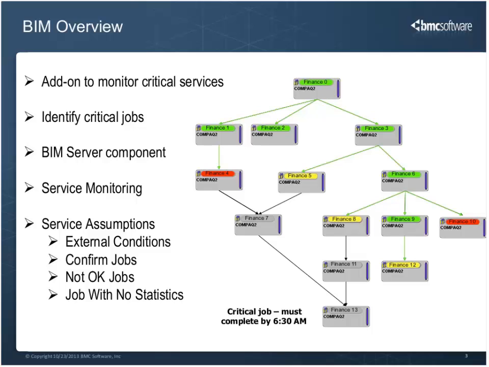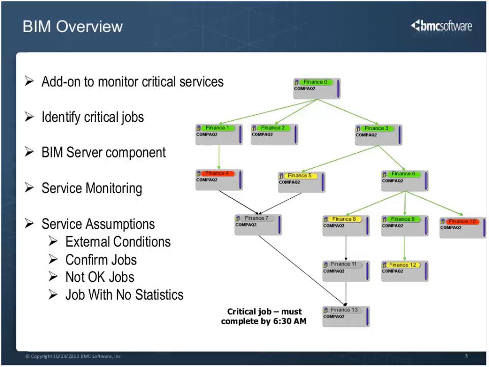The BIM server component runs in the CCM, the configuration manager, and its purpose is to analyze the performance of this set of jobs that you've defined in a service, and it calculates whether it's going to end on time or whether there might be any problems. Behind the scenes, it traverses backwards from the bottom where the BIM job exists and follows the flow until there are no more in conditions.